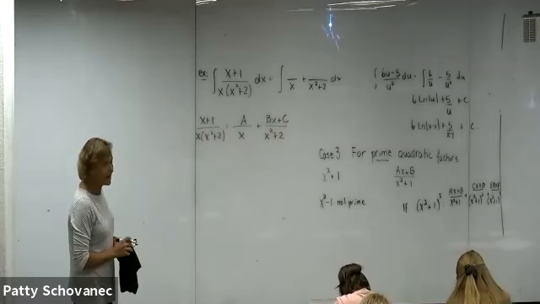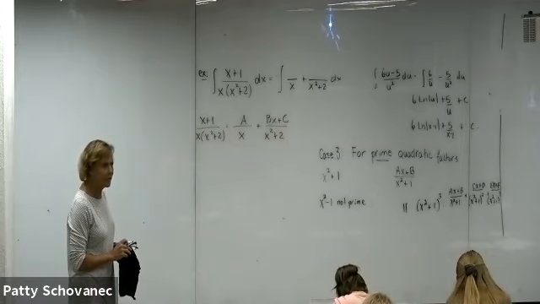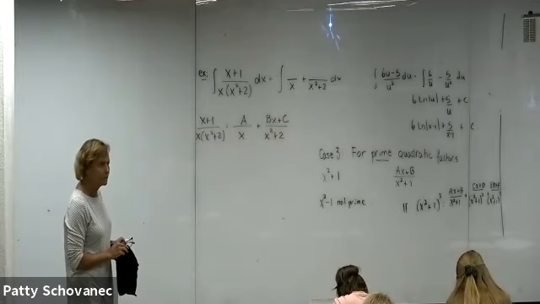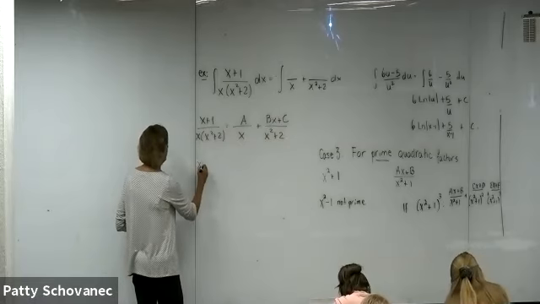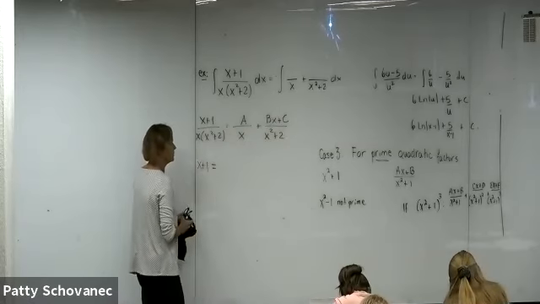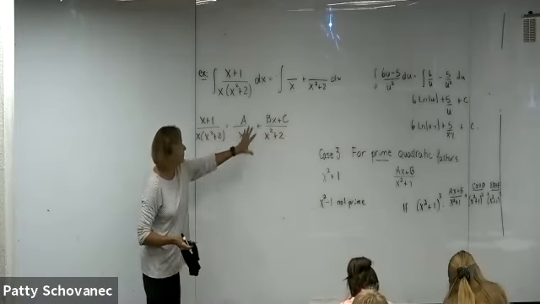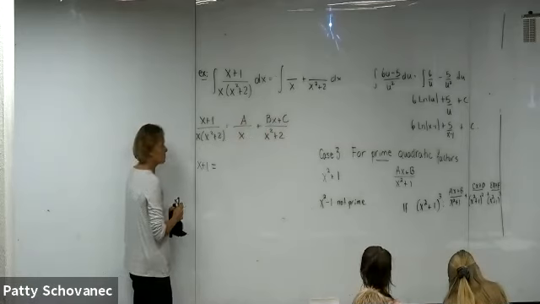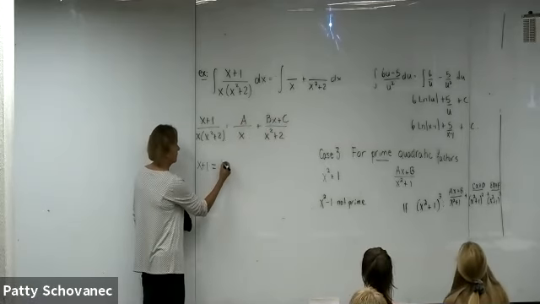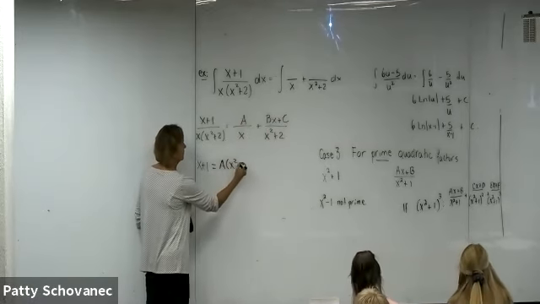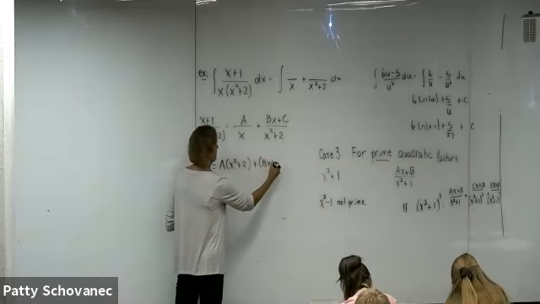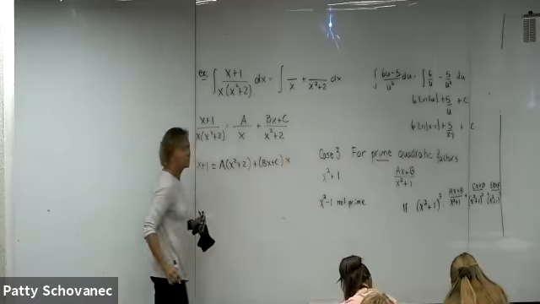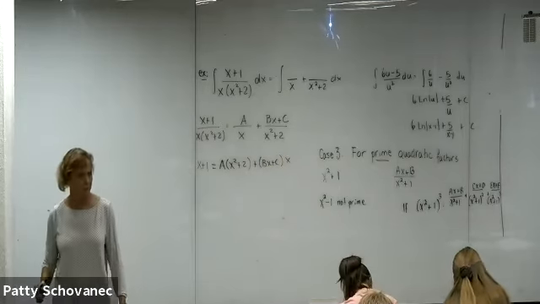Then we can clear fractions by multiplying both sides by that common denominator. And try to solve the equation x plus 1 is equal to, well, you tell me, what happens if I multiply both sides by x times x squared plus 2? You get a times x squared plus 2, plus bx plus c times x. Make sure you put the bx plus c in parentheses.